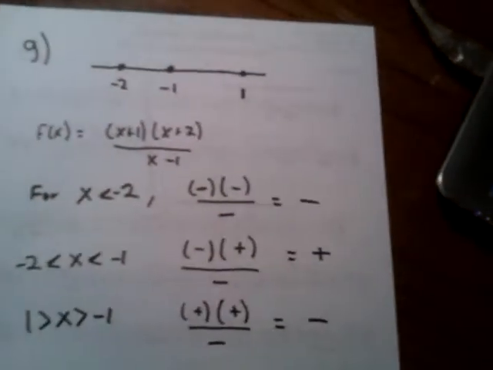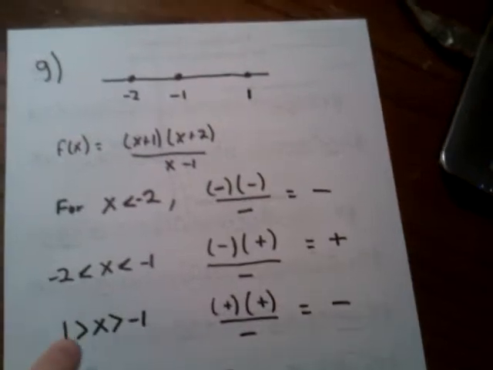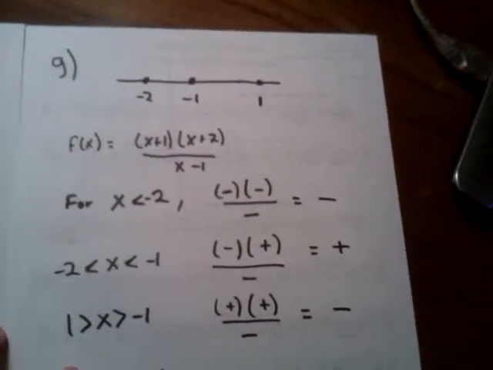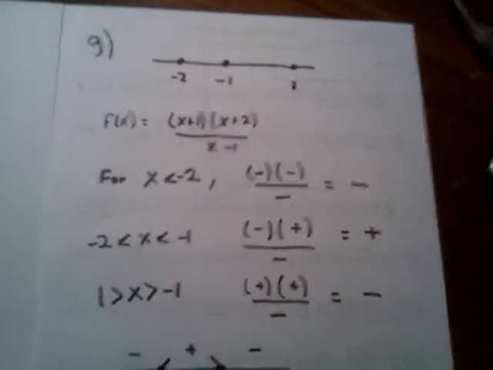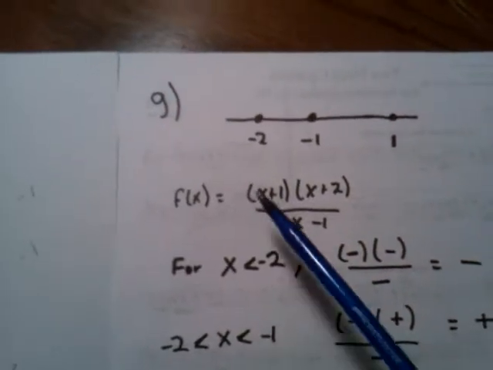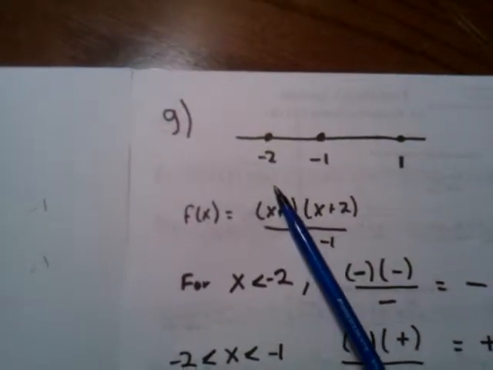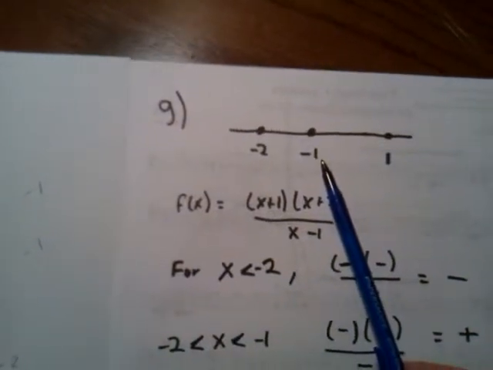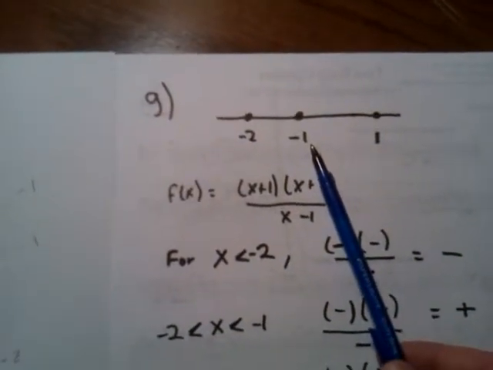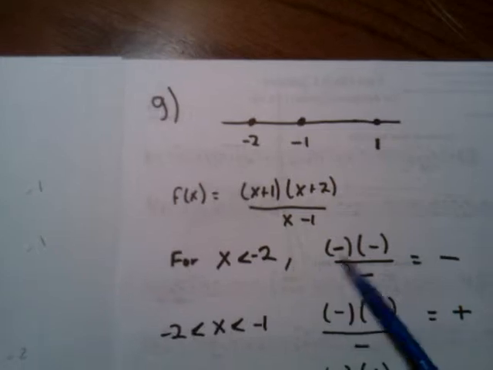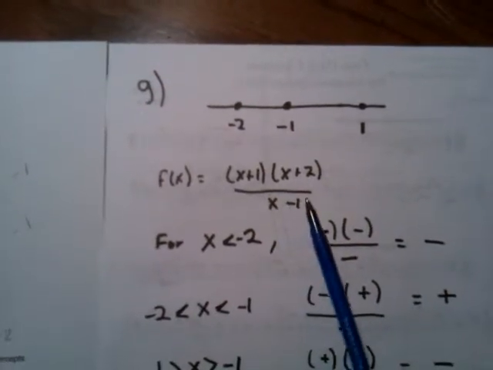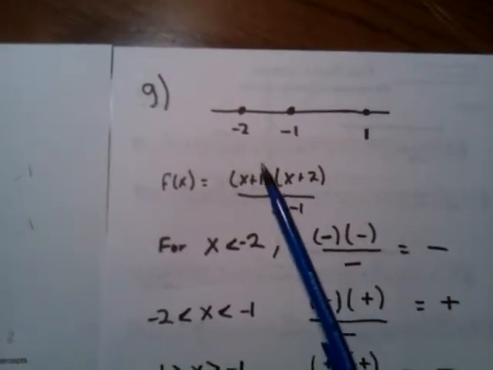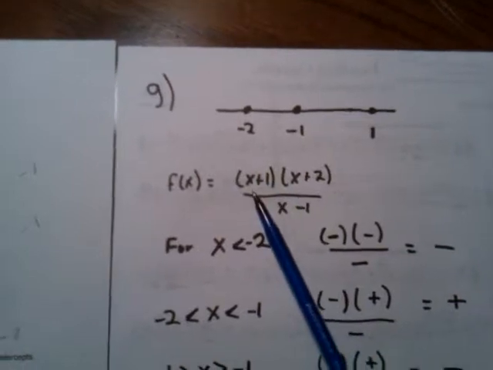Okay, part G asks us to determine, at x equals minus 2 and x equals minus 1, if the graph crosses the x-axis or if it just touches it. So what we do is we look at our factored form.